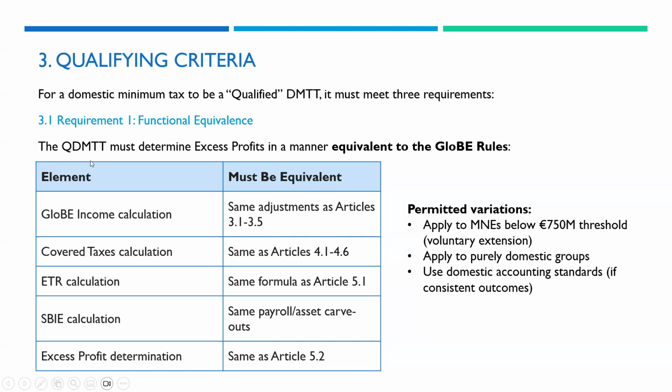Or instead of using IFRS or the approved and agreed accounting standards, we use the domestic accounting standards. If consistent outcomes are there, that's also fine. So these are the only permitted variations, but all the other mechanics and architecture of the Pillar 2 framework should be intact. This is point number one. Clear?